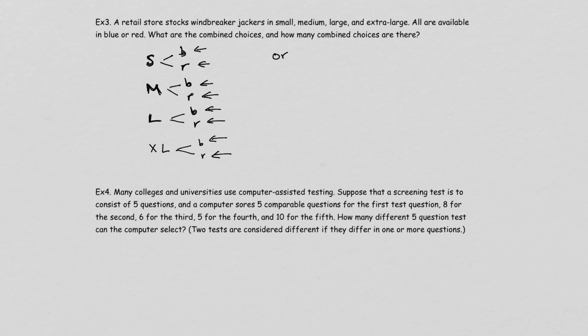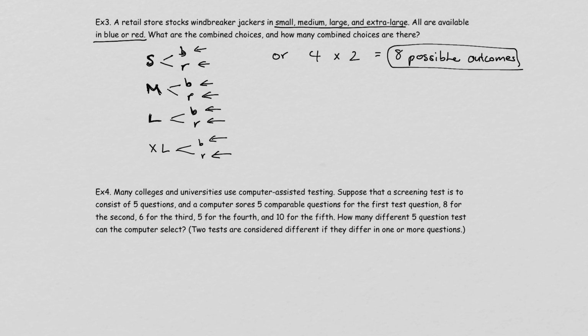So it will be the first choice of 4 times the second choice, which is blue and red, will give you 8. So your solution is going to be 8 possible outcomes. Either way you will get 8, right?